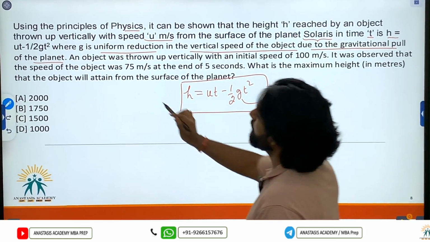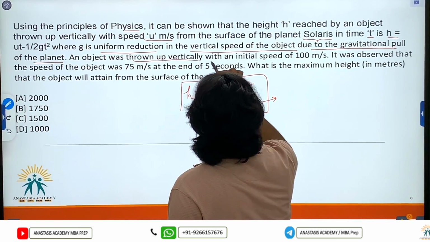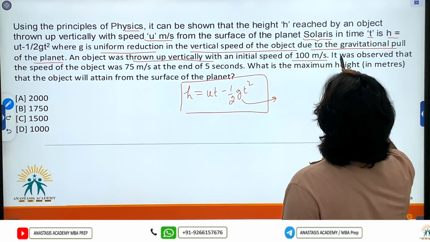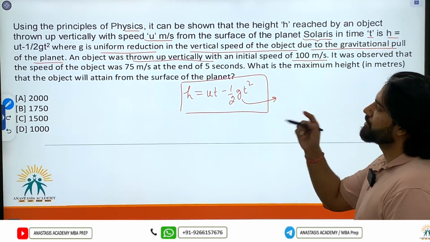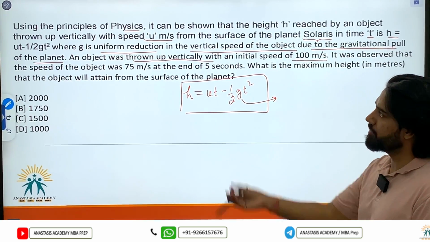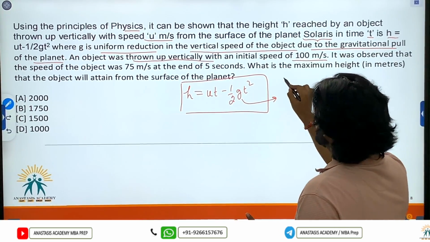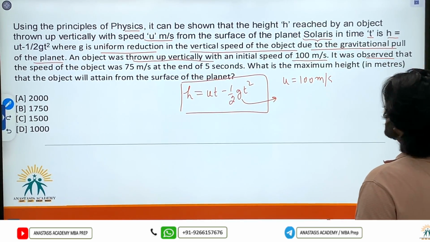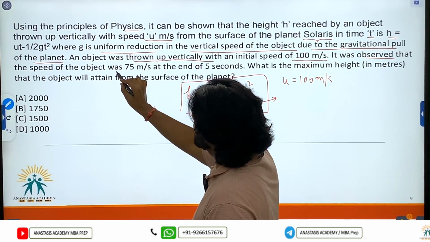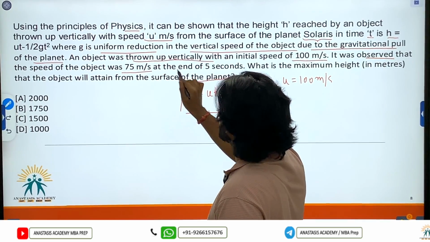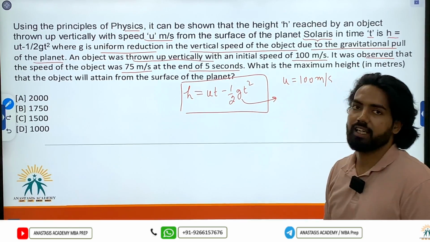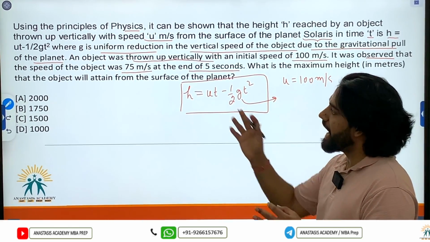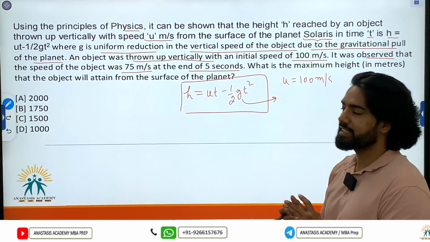Now it is given that the object was thrown up vertically with an initial speed of 100 meter per second. It was observed that the speed of the object was 75 meter per second at the end of 5 seconds. So after 5 seconds, its speed has reduced to 75 meter per second.